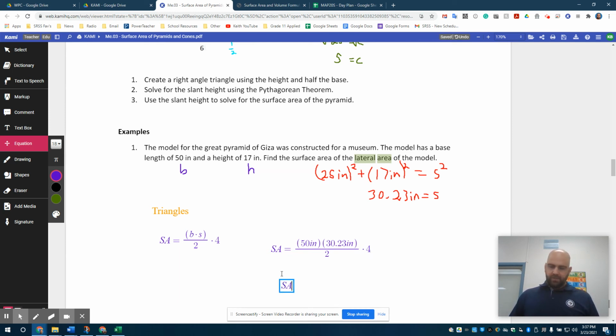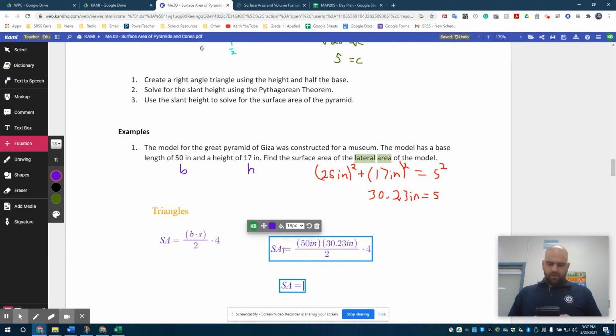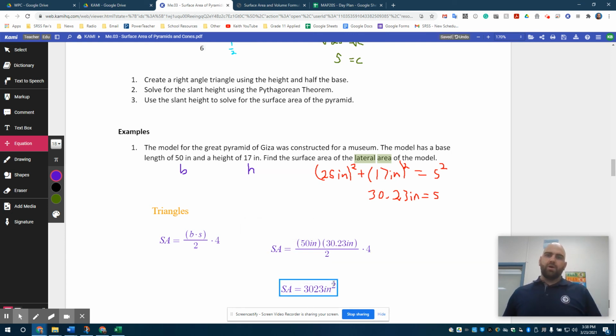We just need the lateral area because we're not doing anything with the base. This is 50 times 30.23 divided by 2 times 4. And this is 3,230 inches squared. And that then is our lateral area for the model.